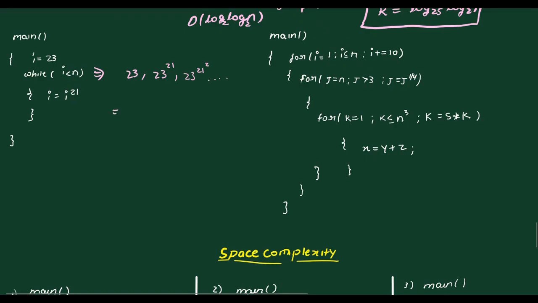So basically it's 23 to the power 21 to the power k, and this will equal n. Taking log, 21 to the power k equals log base 23 of n, and k equals log base 21 of log base 23 of n, right?